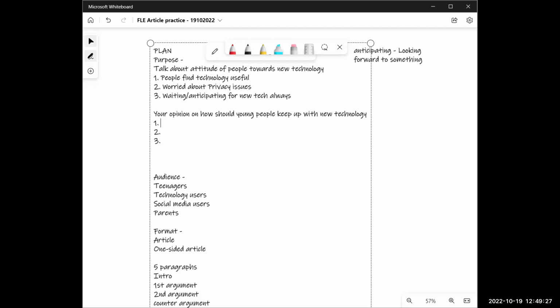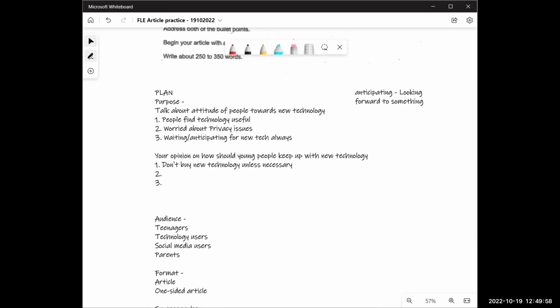First thing, I would say young people should look forward to it, but they should not buy it unless it is necessary. So don't buy new technology unless necessary. Anything else you can suggest, Rachel? How do you think young people should keep up with technology? I'm saying they should not buy new technology unless they need it, unless it's necessary.